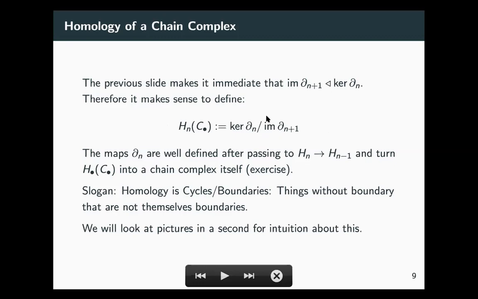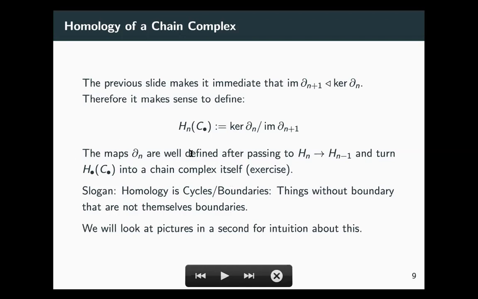The reason you might have heard the slogan "homology counts holes" is that another way of picturing this is everything that could be filled in, minus everything that was filled in. So we're looking for holes in our data set. And that's what homology is going to count for us.